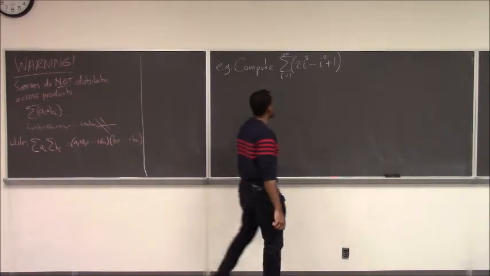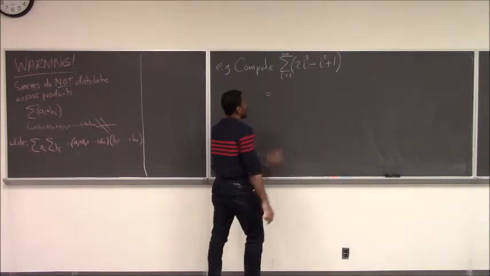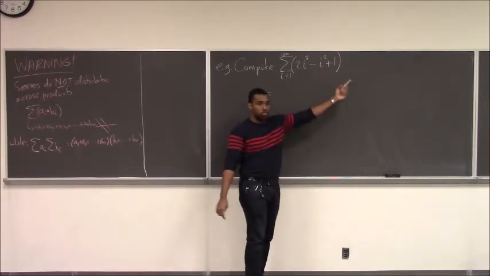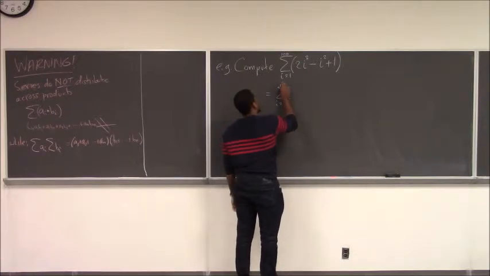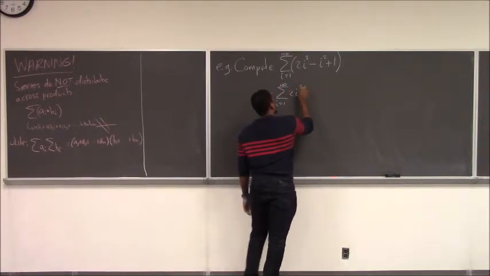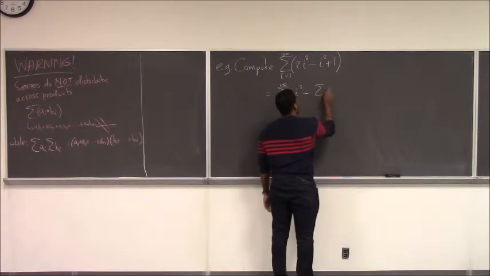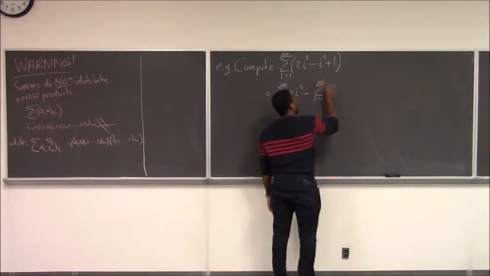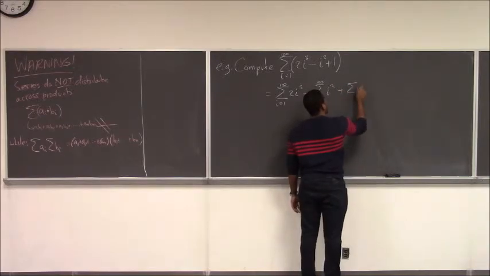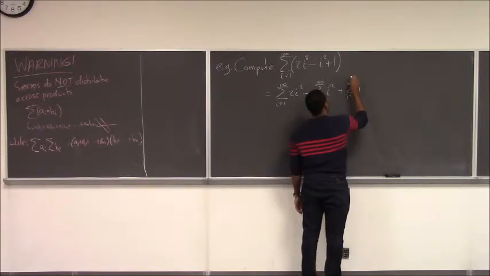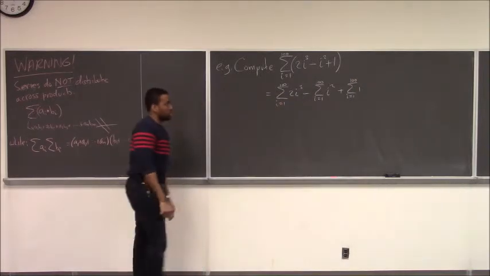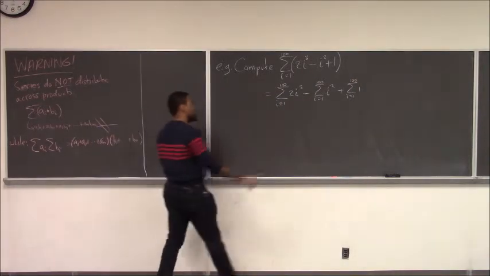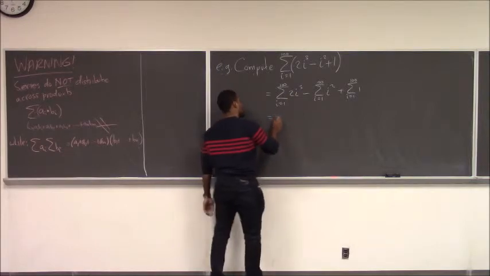So the first thing is to realize that it does distribute across the sum. You can also realize that I can factor this number out.